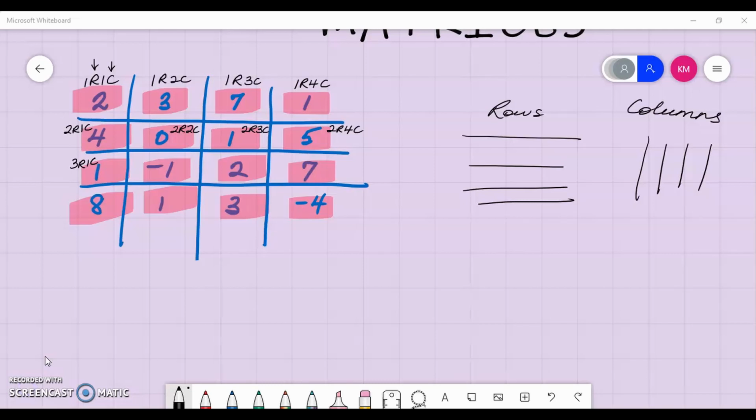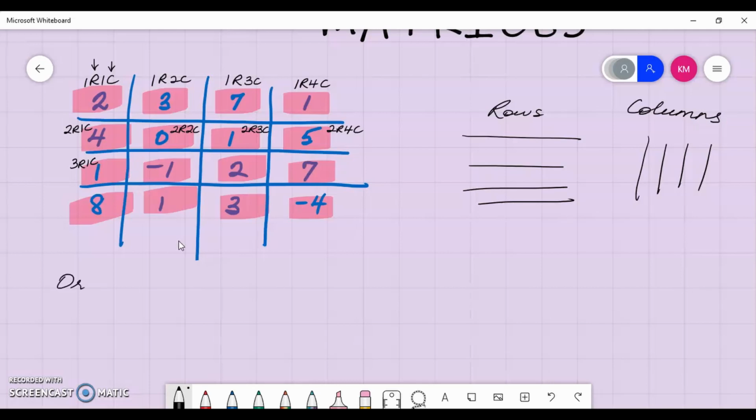Now, sometimes a matrix may be identified based on the order of the matrix. So, for example, I have this matrix here, and I am going to determine the order of this matrix, or the size of the matrix. Now, whenever you hear order or size of a matrix, it is referring to the number of rows as well as columns of the matrix, and it is written in a particular way.